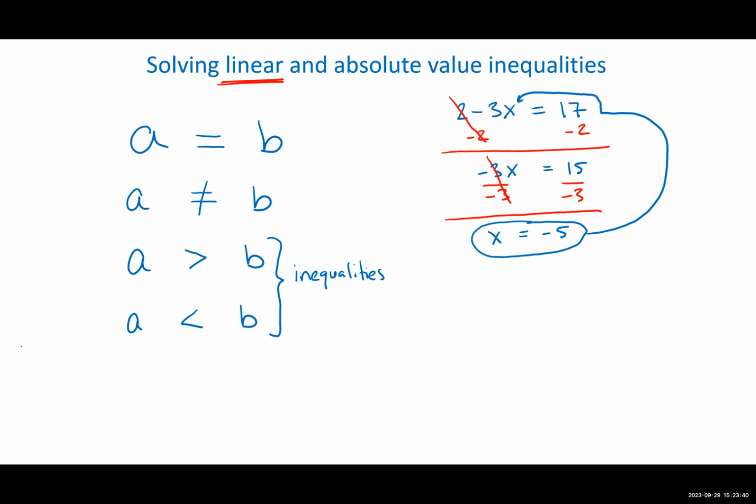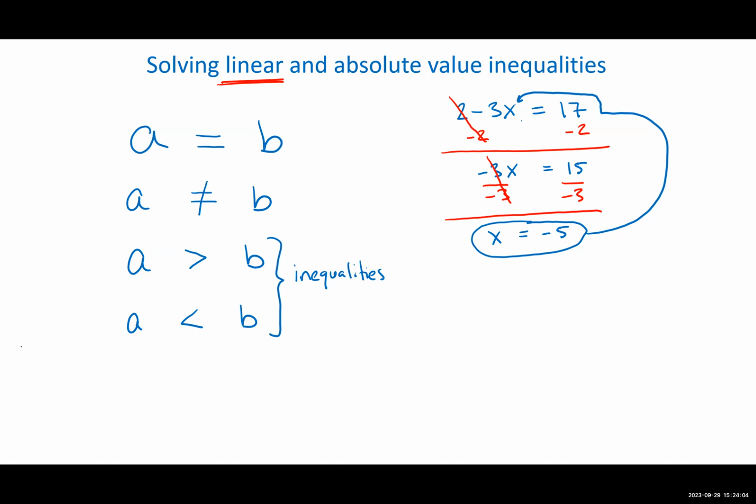We would get a true statement, 17 equals 17. So an equation, specifically a linear equation, has one answer, one solution. Other types of equations, quadratics or polynomials, have more, but we're sticking strictly with linear. Linear means the x is raised only to the first power.